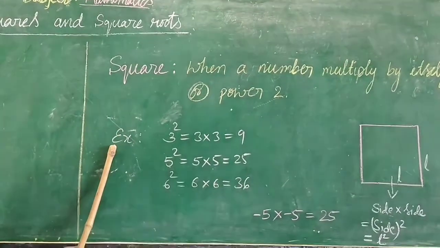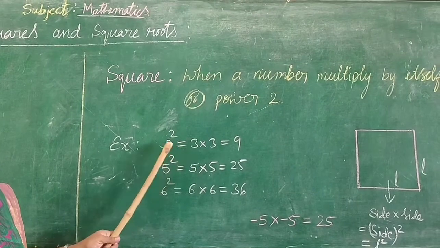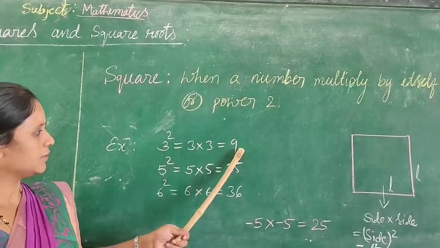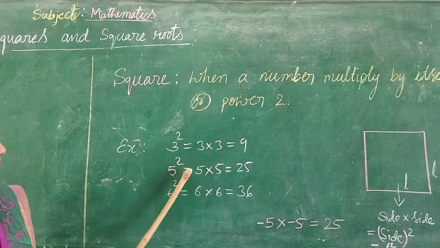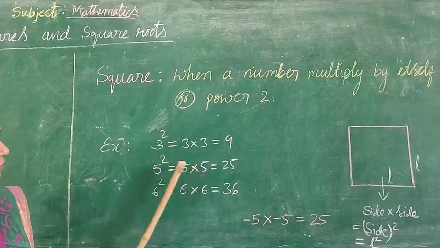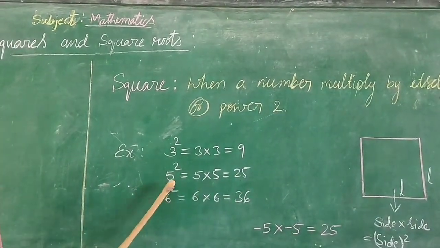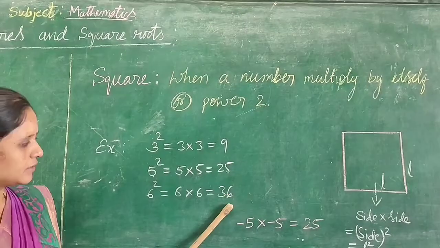You take this example: here 3 square equals 3 multiplied 2 times, 3 into 3 equals 9. 5 square means 5 is repeated 2 times, so 5 into 5 is 25. Similarly, 6 square, 6 is repeated 2 times, so 6 into 6 is 36.